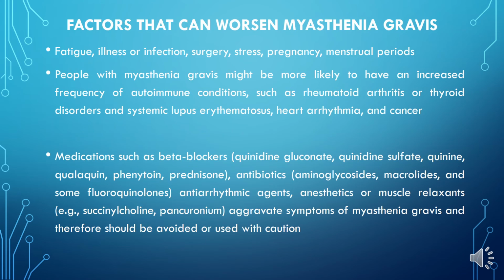Then there are many factors that can worsen myasthenia gravis. These are tiredness or fatigue, any type of illness, any type of infection, or stress conditions like surgery, pregnancy, or the menstrual period time. These are the factors that aggravate myasthenia gravis. There are also other autoimmune conditions like rheumatoid arthritis and lupus, heart arrhythmia and cancer.